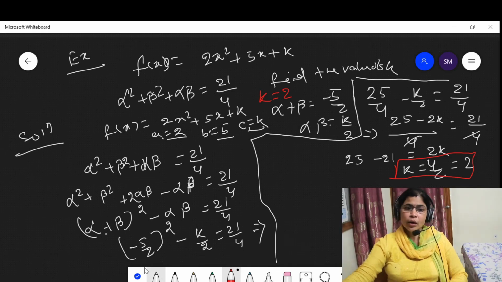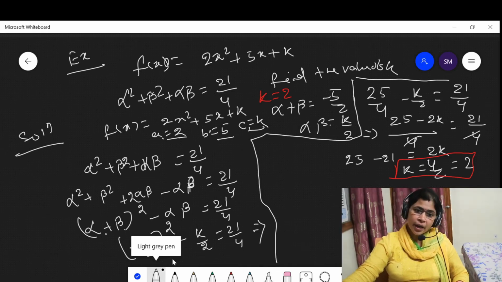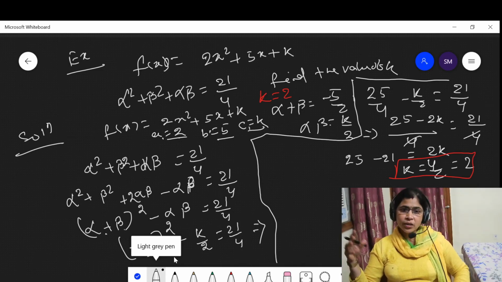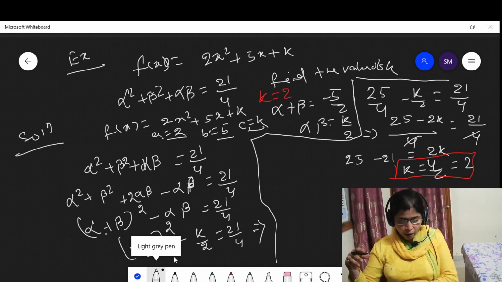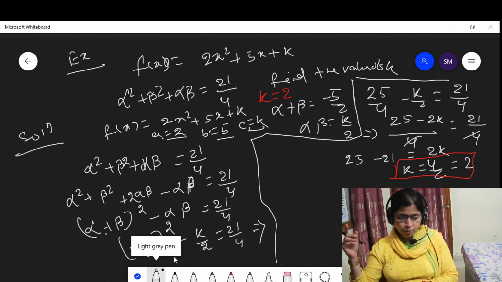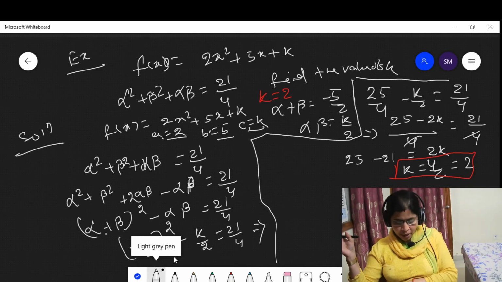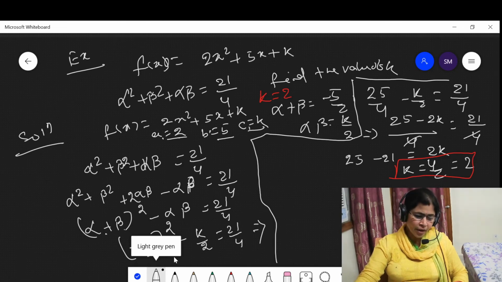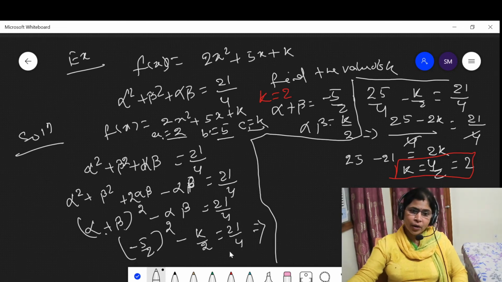Okay. Look at here. Each and every question is solved in a different way. In my last question, you had to find the value of k, where alpha plus beta and alpha into beta you could find from the polynomial given, and in this question alpha square plus beta square plus alpha beta is given, and you have to find the value of k.